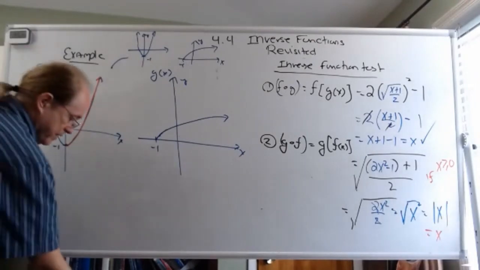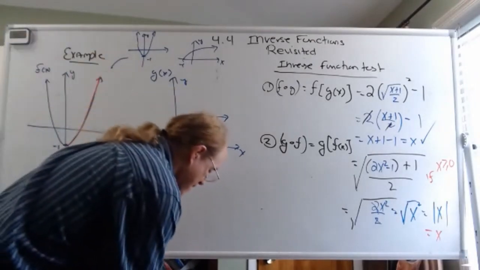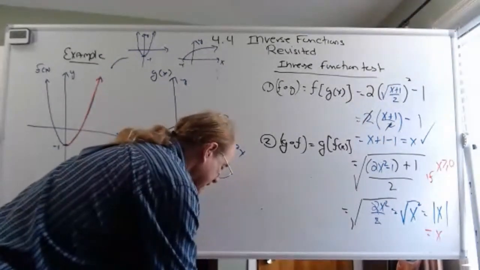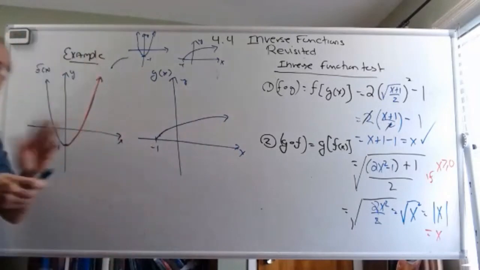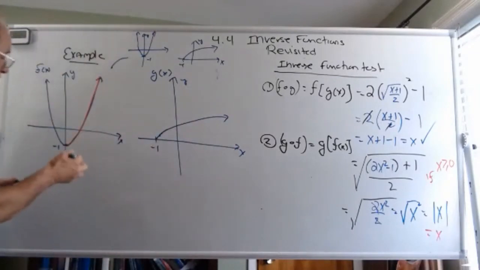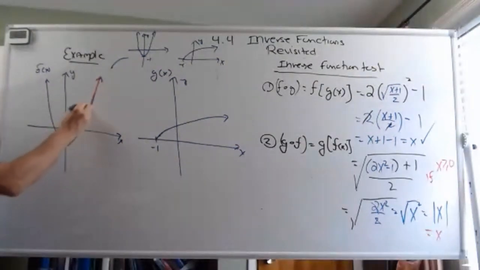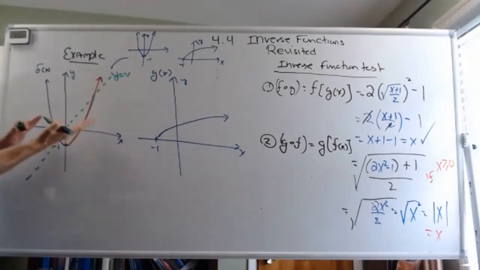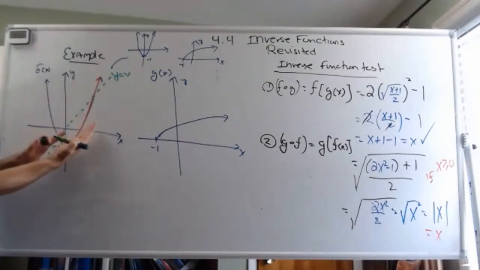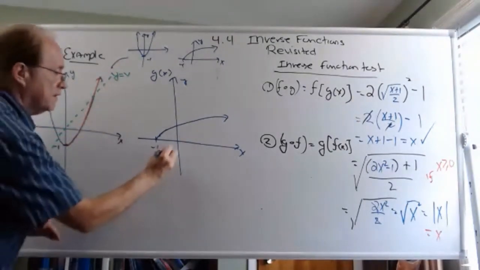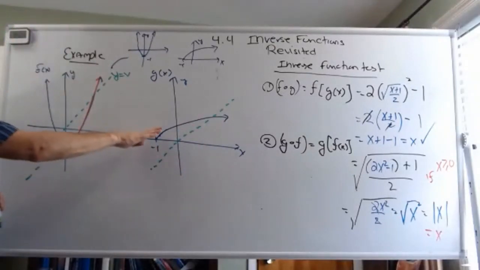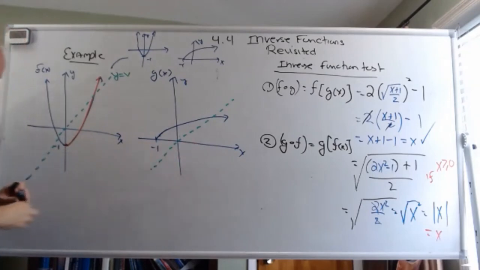And then I'm back to my same idea and approach of drawing the line y equal to x. I'm just showing where everything's connected with what we did earlier. Here's our line y is equal to x. If I flip this about this red line, you can see what's going to happen.